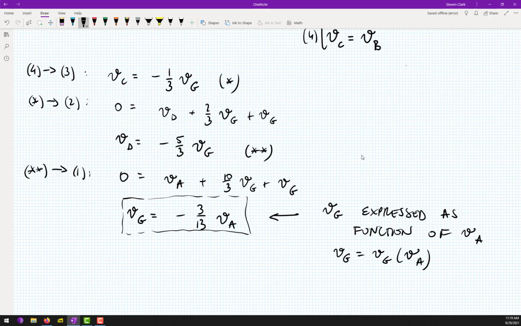Okay, before we plug in values, because if we plug in values, we solve part A, can anybody tell me how to quickly find AG once we know that? How to find AG? Yeah, exactly. So what's the answer? Minus 3/13 AA. Thank you. That's it.